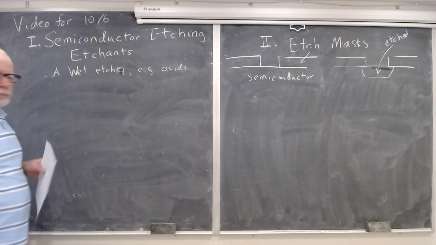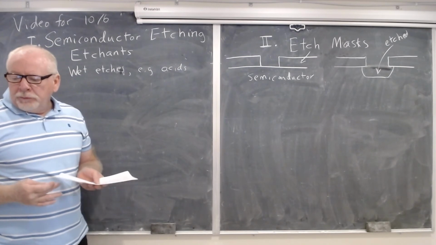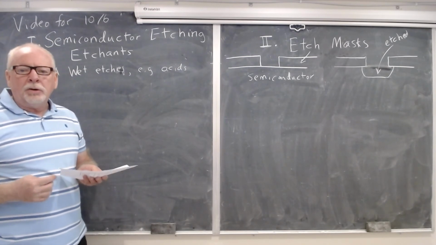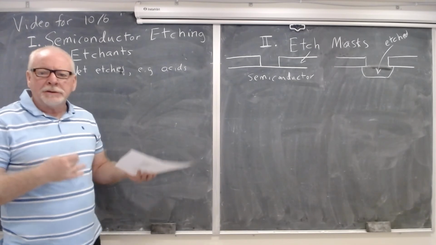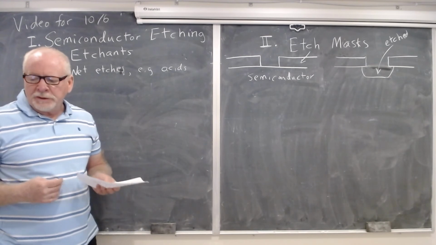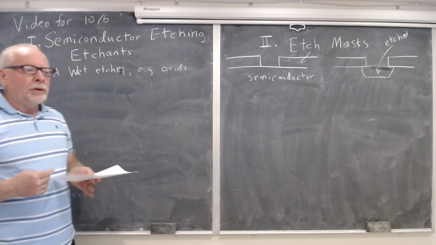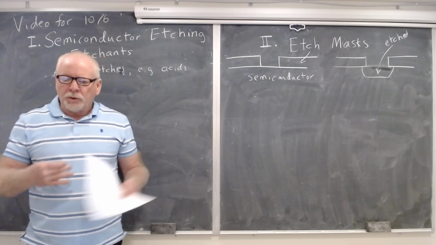Now, in this lecture, we're not going to give you a whole list of recipes of different acid combinations or base combinations that will remove certain semiconductors. I'm just going to present to you the knowledge framework.